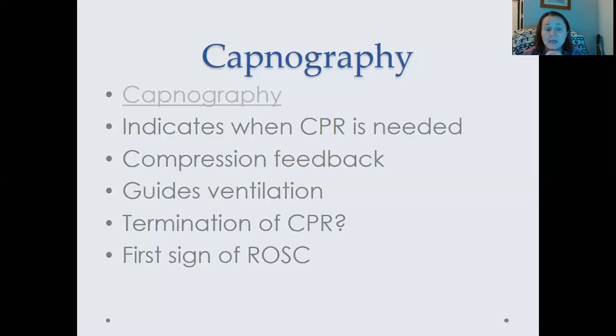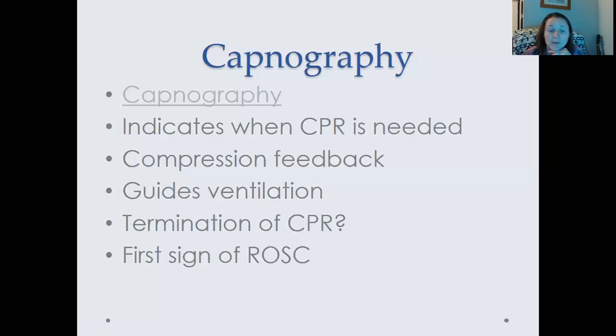If you know that good compressions are happening, and you are slowly seeing that decline, like for a while it was 15 to 20 and now it's slowly dropping down and good compressions have continued, then we might have a sign that the alteration in perfusion is evidence that we may need to stop CPR. So we'll talk about that in just a minute.